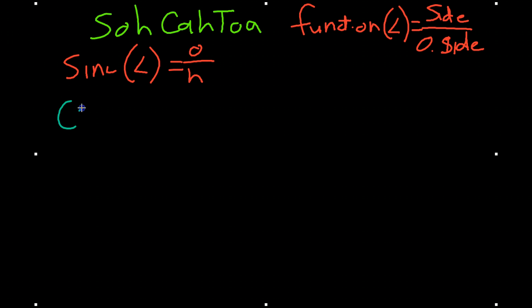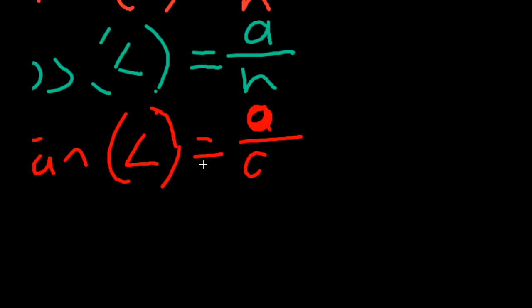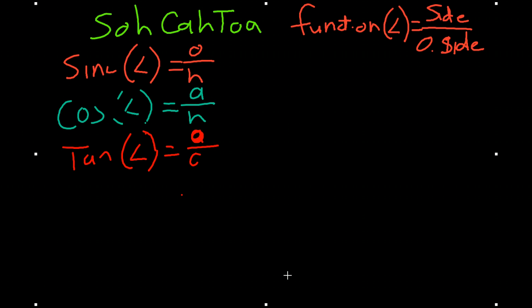And the cosine of an angle equals the adjacent side divided by the hypotenuse, and the tangent of an angle equals the opposite side divided by the adjacent side. Again, sorry about all these zoomings and so forth.